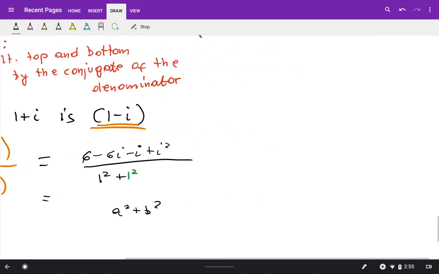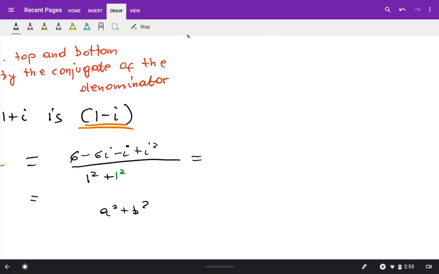Let's simplify the numerator: negative 6i minus i gives negative 7i, and you replace i squared with negative 1. So 6 minus 1 over 1 squared plus 1 squared, which is 2. So we have 5 minus 7i over 2.